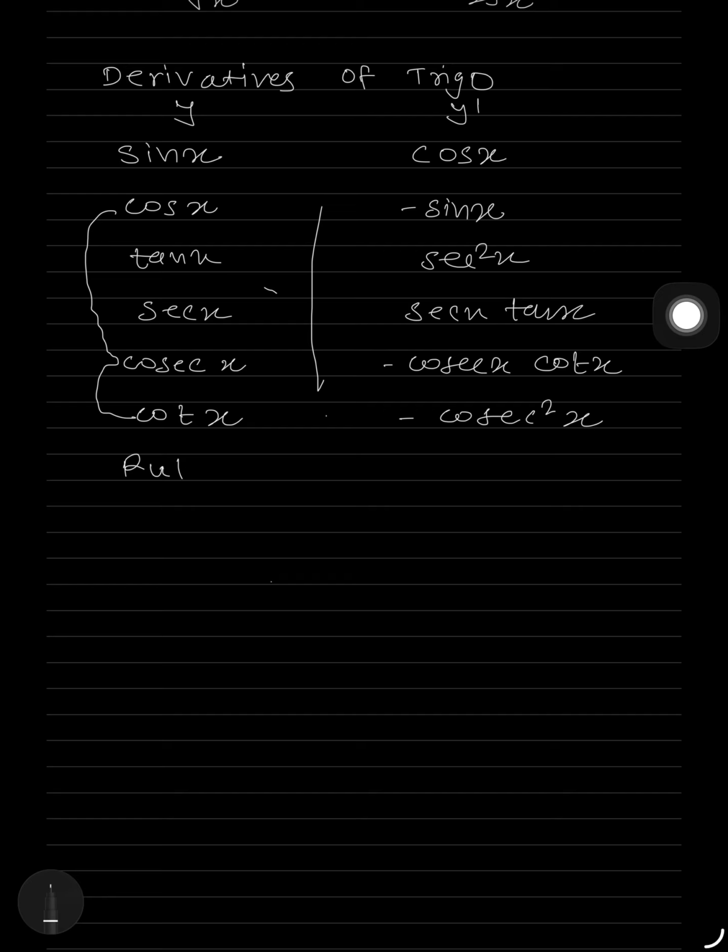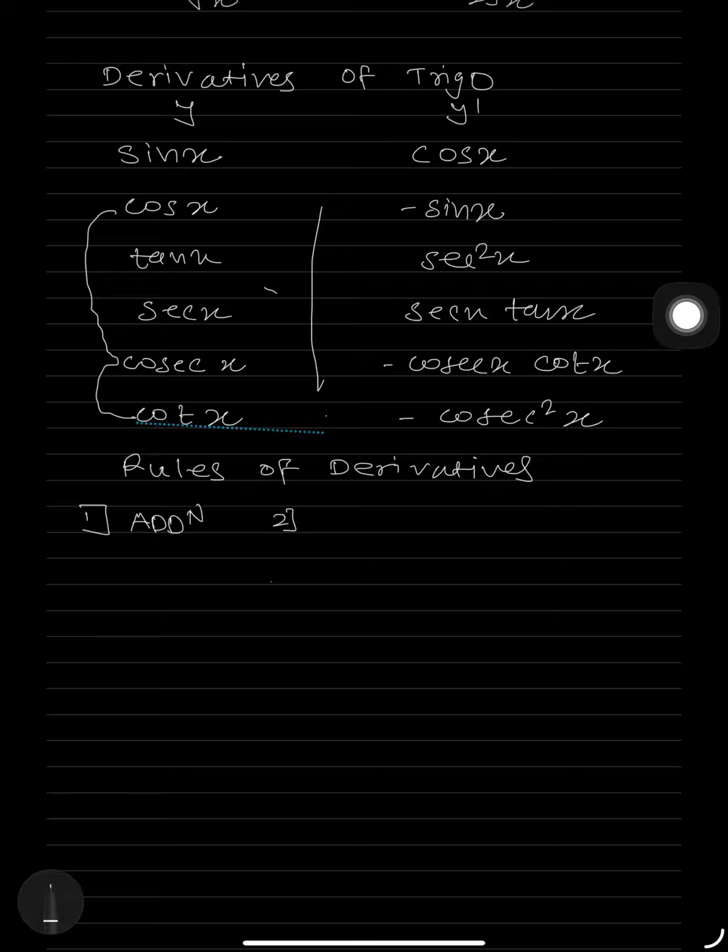Okay, there are 4 rules. First is the addition rule, second subtraction, third product, and the fourth one is division, or we can say the quotient.